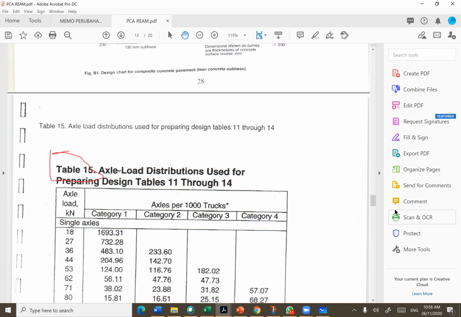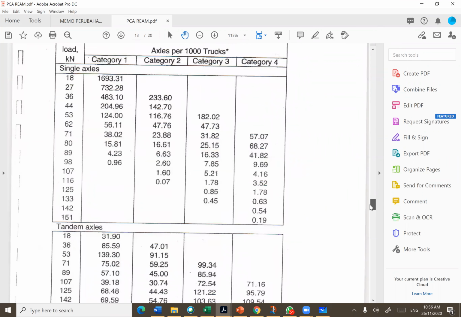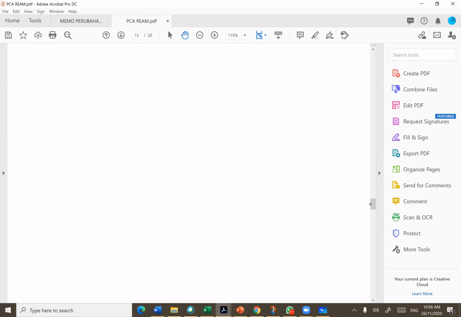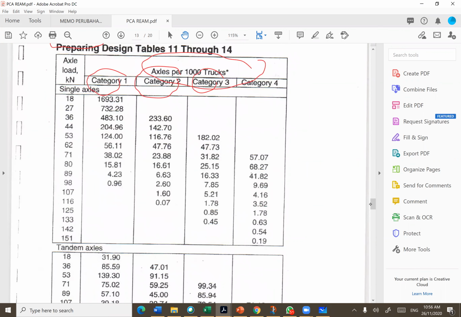If you look here at table 15, they have the axles per 1,000 trucks, the axle load distribution. You need to know what category you're in: category 1, 2, 3 or 4. The information you want to take from this table is this one and also this one. Say you're choosing category 1, these are the things you take from this table.